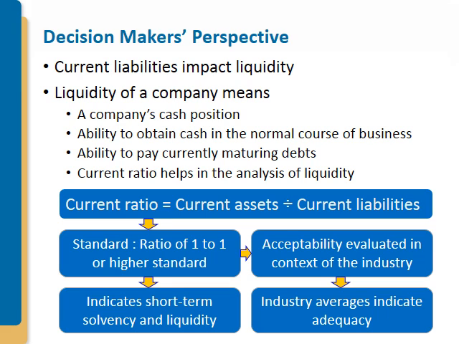A ratio of 1 to 1 or higher often is considered a rule of thumb standard, but like other ratios, acceptability should be evaluated in the context of the industry in which the company operates and other specific circumstances. Industry averages are only one indication of adequacy, and the current ratio is but one indication of liquidity.